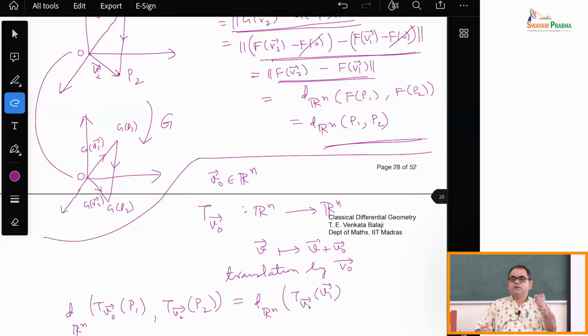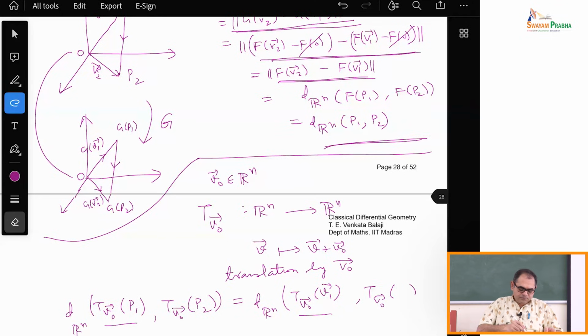So you see, there is this duality of trying to identify every point with its position vector. Okay, and this is something that you should get used to. So T V naught of P1 can also be written as T V naught of V1, where V1 is a position vector of P1 with respect to the origin. Okay, and this is going to be T V naught of P2, so this is going to be T V naught of V2.